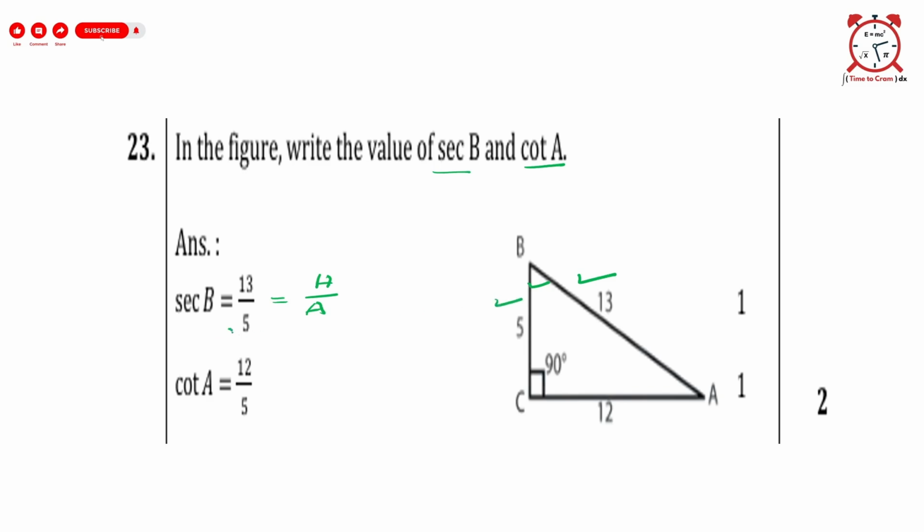So 13 by 5. And for cot A, meaning this angle, cot A is what? Adjacent upon opposite. So as per cot A, the adjacent is 12 and the opposite is 5. So 12 by 5.